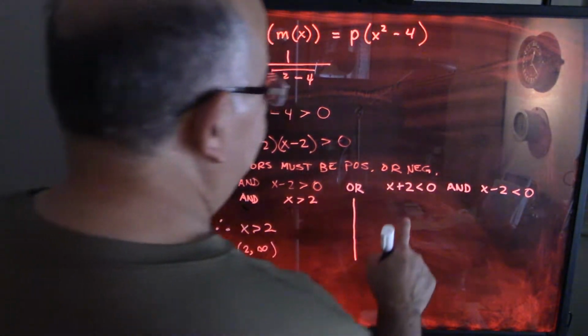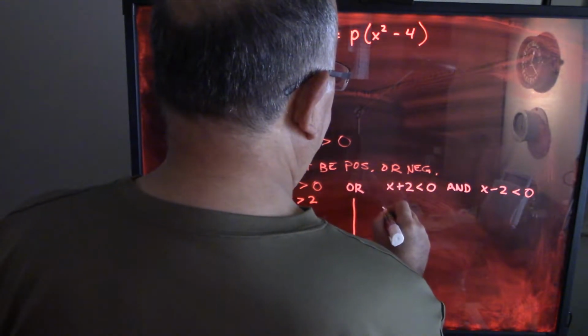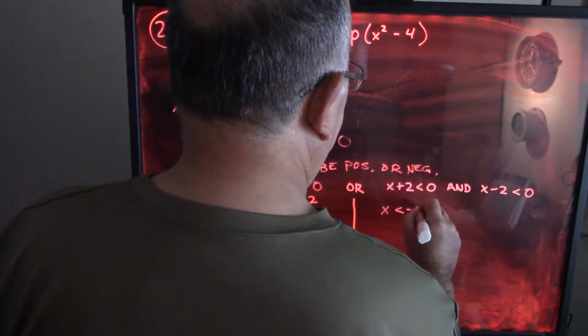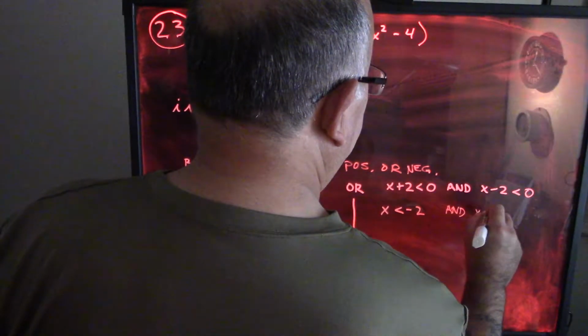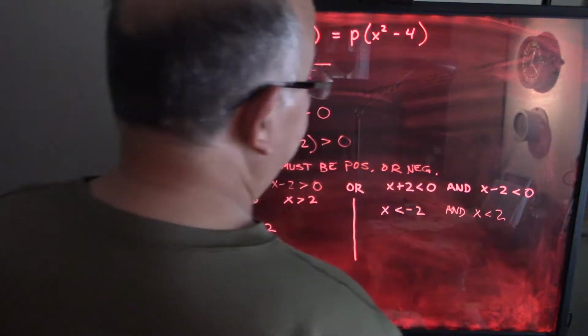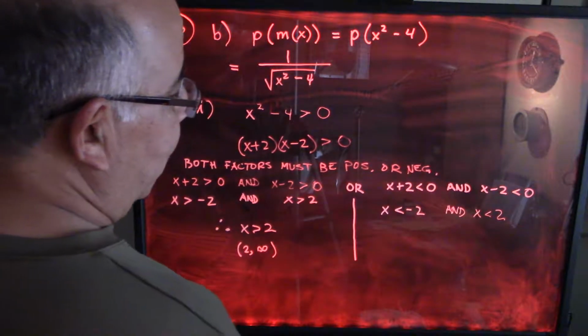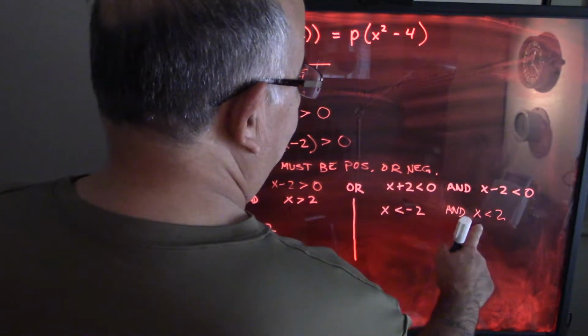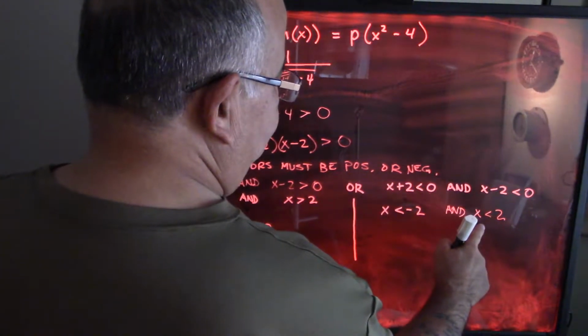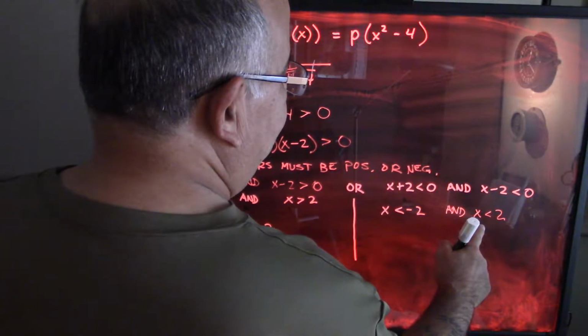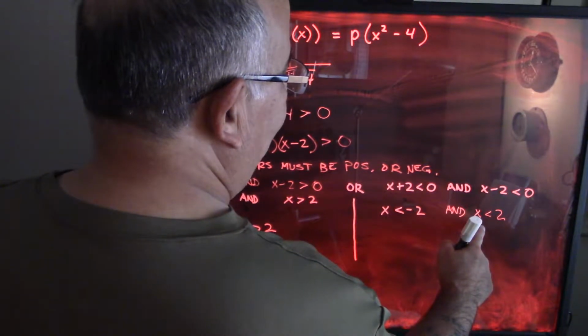Now go over here. Subtract 2 from both sides. You have x is less than negative 2 and x is less than positive 2. When are both of these true? Well, if x is less than 2, it could be, say, 1.